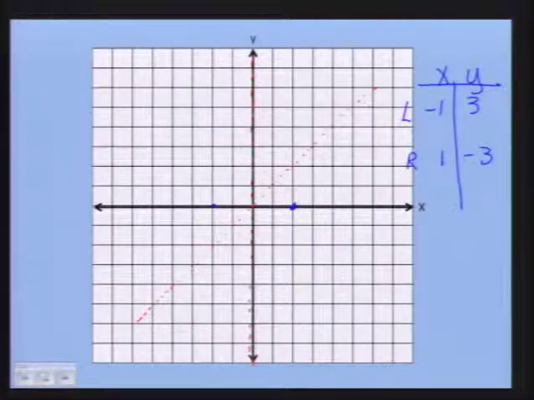So let's see how that looks. 1 and negative 3, here it is. And negative 1 and positive 3 right here. I think I might like to go one more. Let's go to -3 and +3. When I plug in 3, I get 5/3, which is 1 2/3.